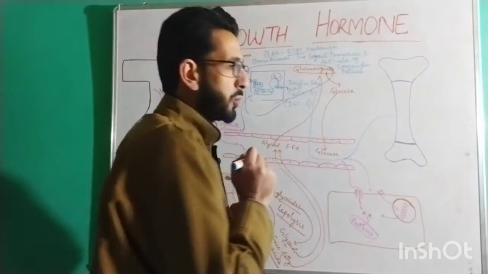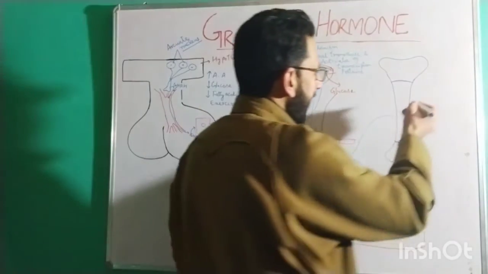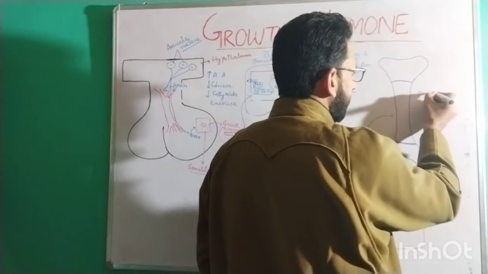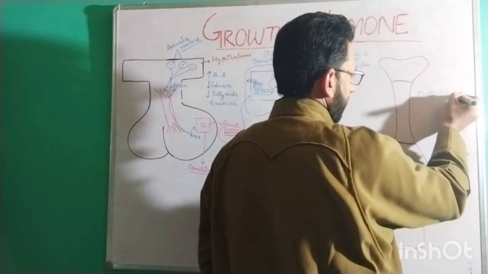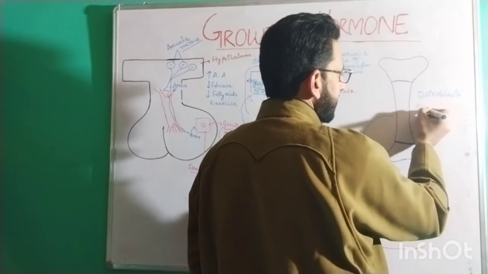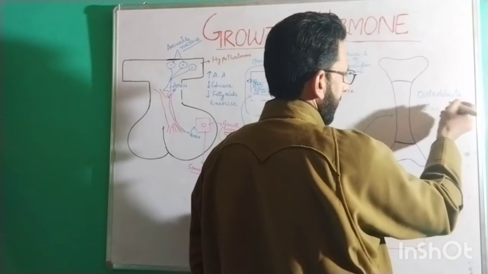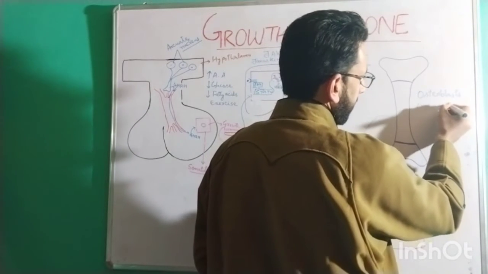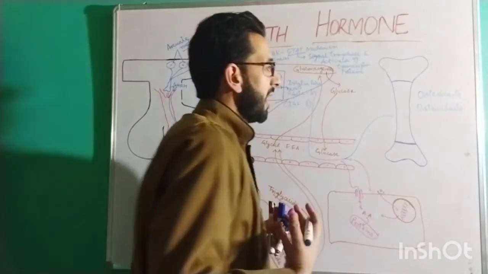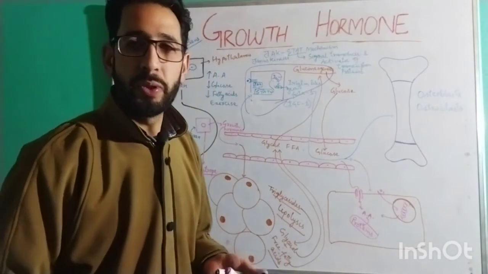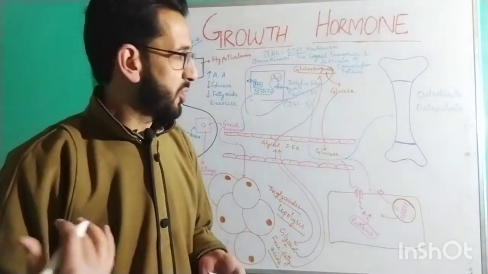Now what it is doing inside the bones: in the bones we have two types of cells, osteoblasts and osteoclasts, which are involved in bone deposition and bone resorption.